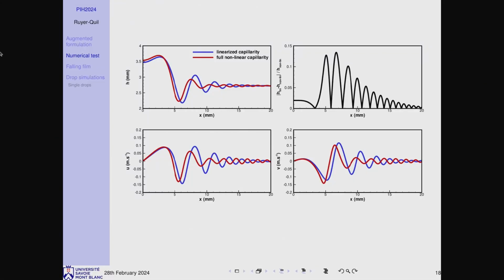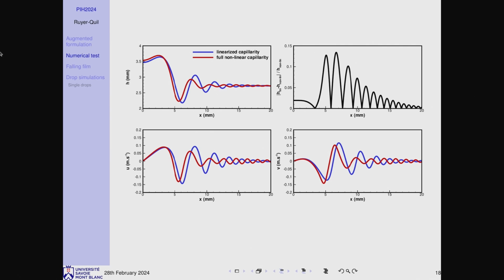So this is the wave we obtain in 1D for the linearized capillarity. For the full, nonlinear capillarity, you can see the difference. There is quite some difference. And what is very interesting here is that if you use the linearized capillarity, you overestimate the amplitude of the capillary ripples at long distance from the initial perturbation.